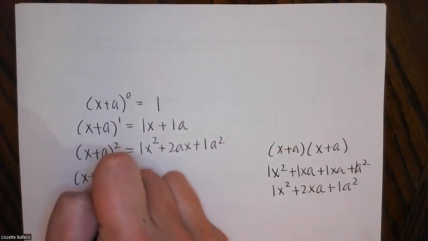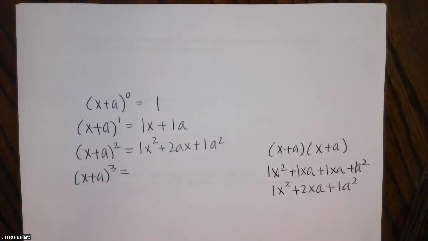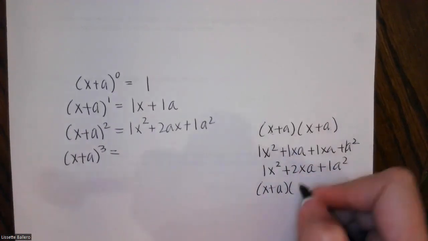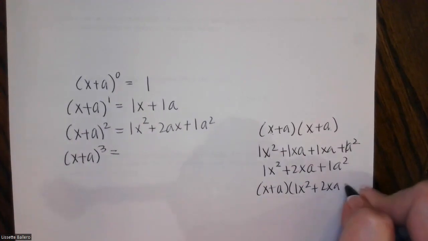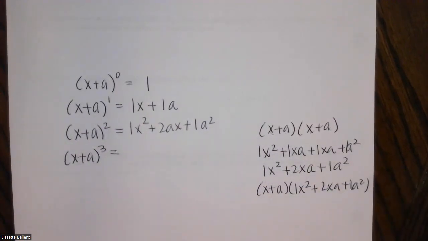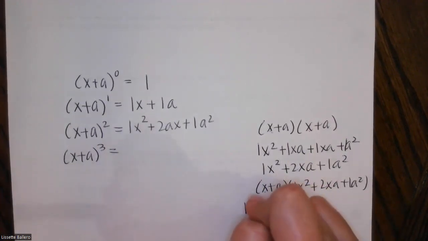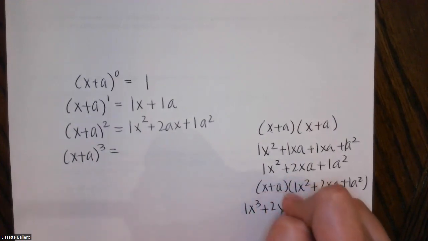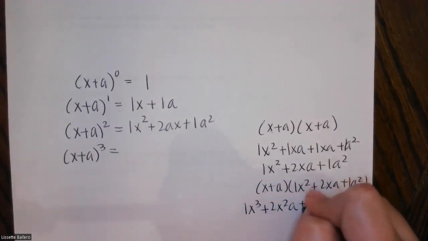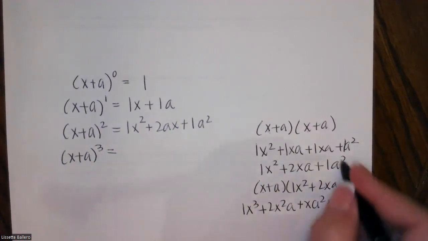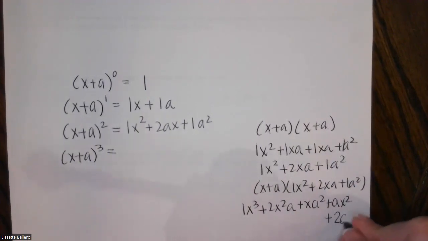If we went to x plus a cubed, we would do x plus a times what we just got right there, since we just did that one. And then we would distribute this x to everything in there and this a to everything in there. So we get 1x cubed plus 2x squared a plus xa squared plus ax squared plus 2xa squared plus a cubed.